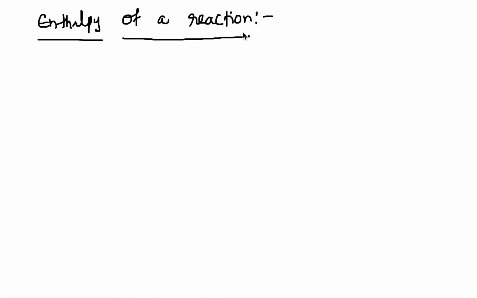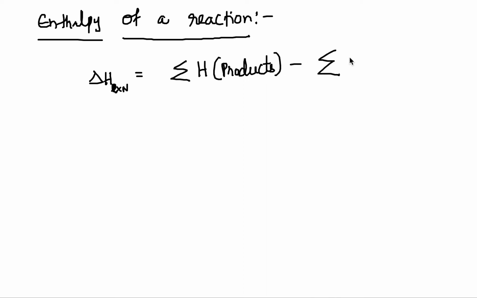The enthalpy change associated with a chemical reaction is known as the enthalpy of that reaction. So delta H of reaction, I write Rxn, is the summation of enthalpy of products minus the summation of enthalpy of reactants. This is the formula for enthalpy of reactions.